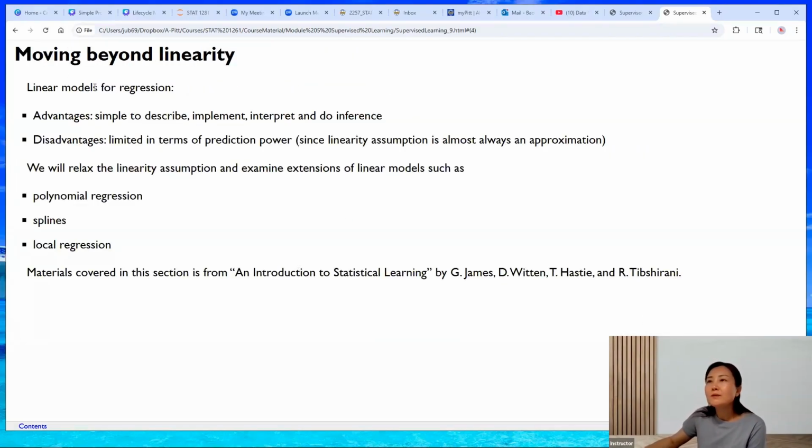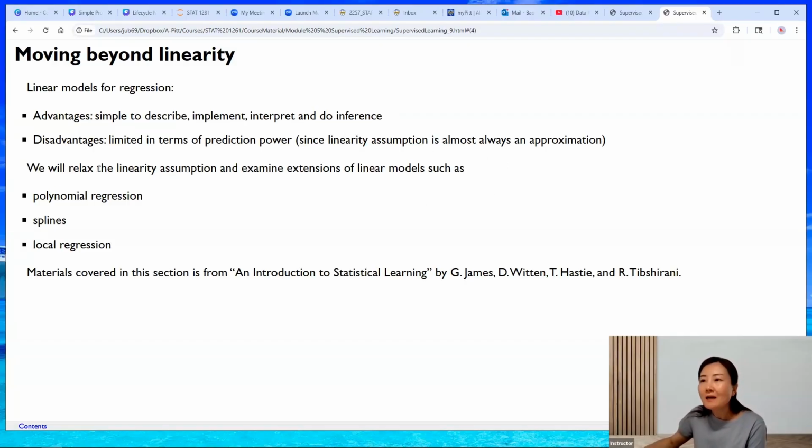So now we'll move beyond linearity. Linear models have advantages because they are easy to fit, easy to interpret and do inference. However, oftentimes they underfit the data because in practice, it's very rare that there is a linear relationship between two quantities.